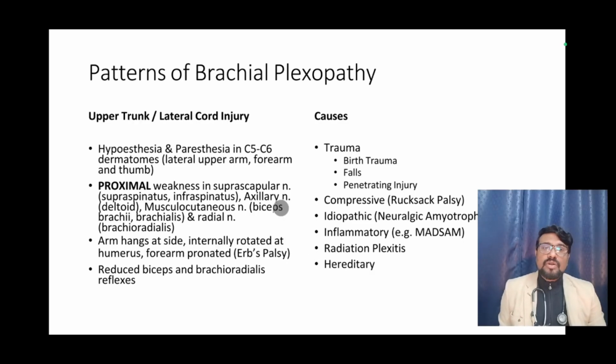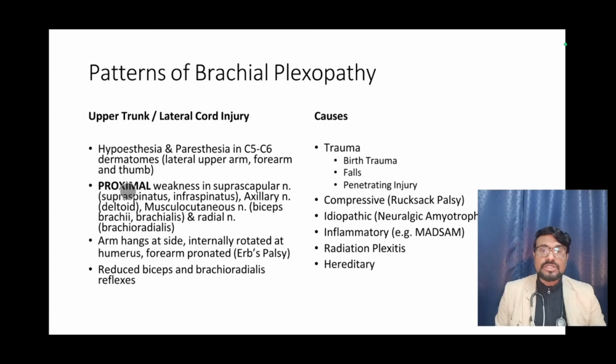Then patterns of brachial plexopathies. If there is upper trunk and lateral cord injury, the patient will present with hypoesthesia or paresthesia in the C5 and C6 dermatome, that is lateral upper arm, forearm and thumb.